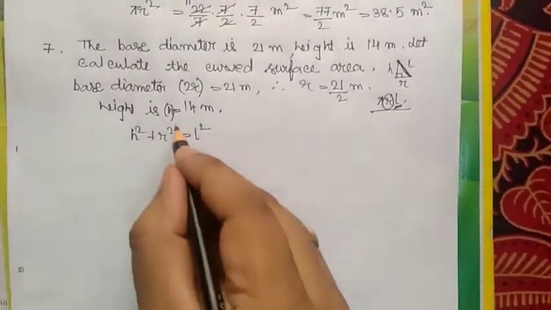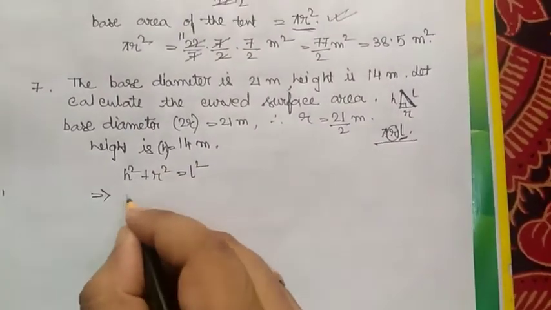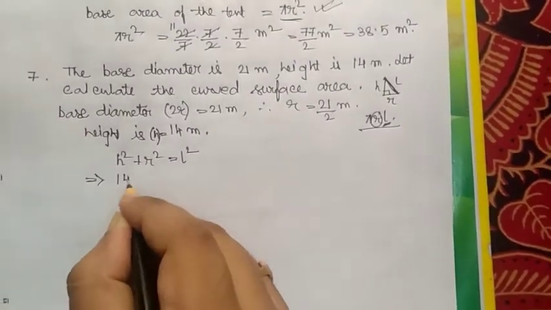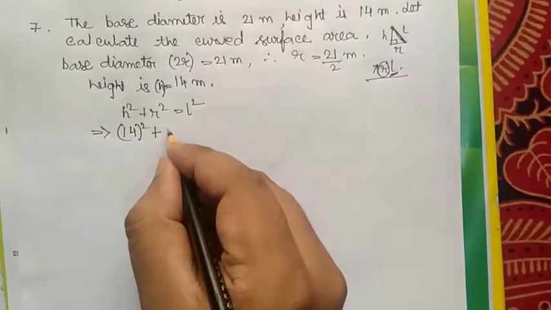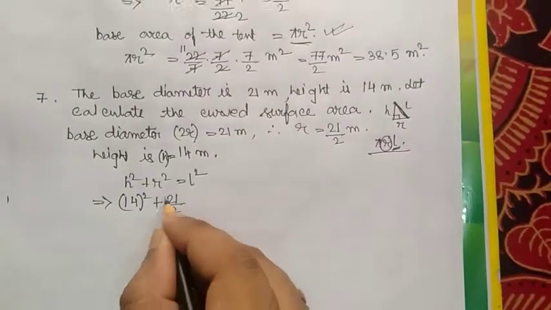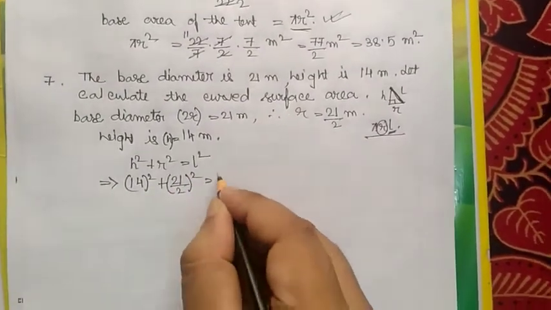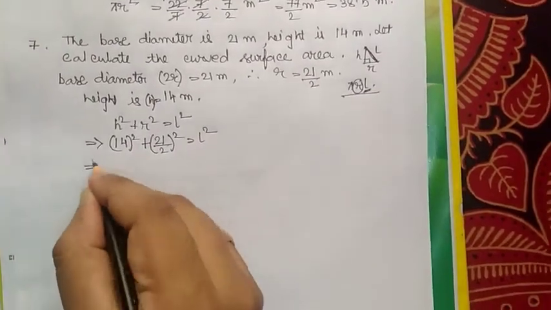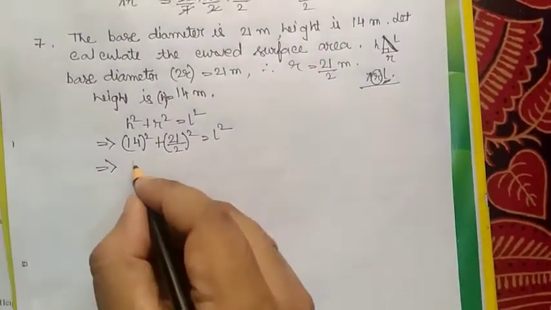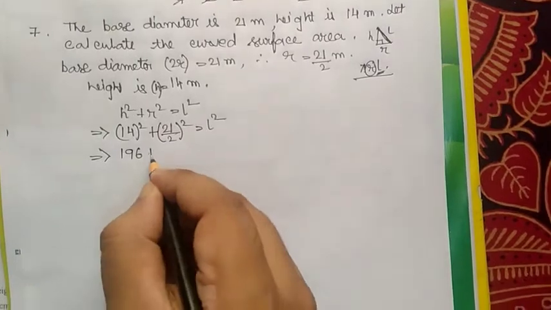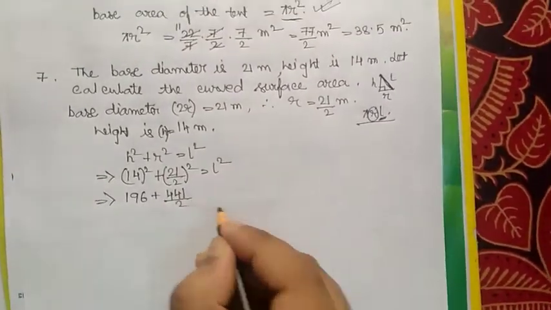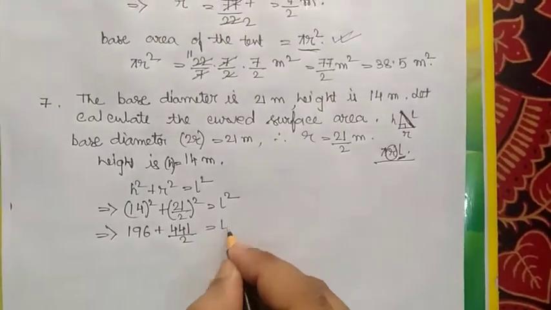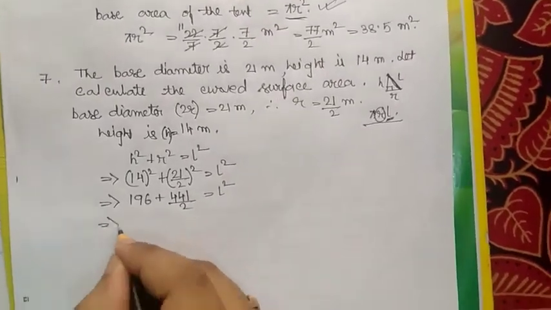The value of h is 14. So 14 square plus 21 by 2 whole square equal to L square. So 14 square means 196, 21 square means 441 by 4, equal to L square.